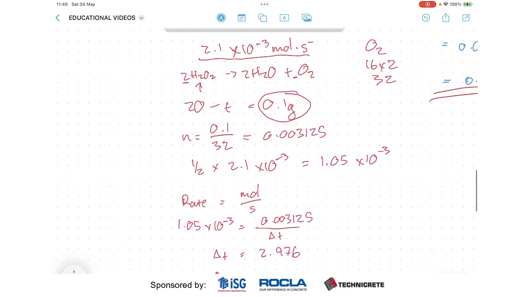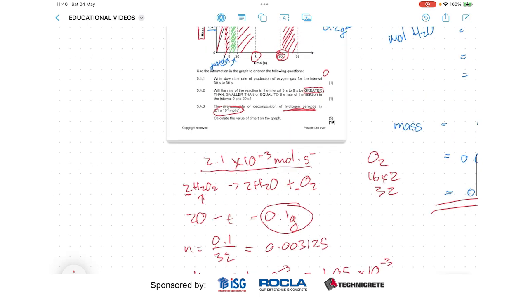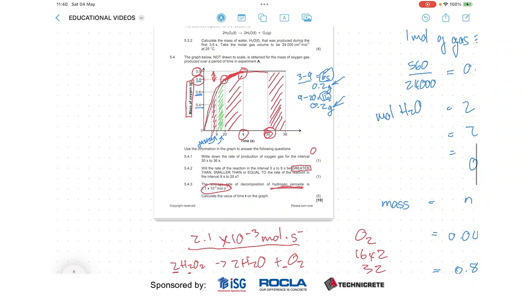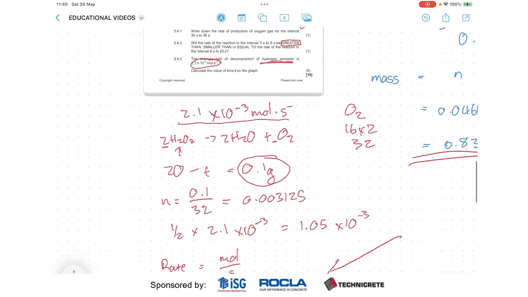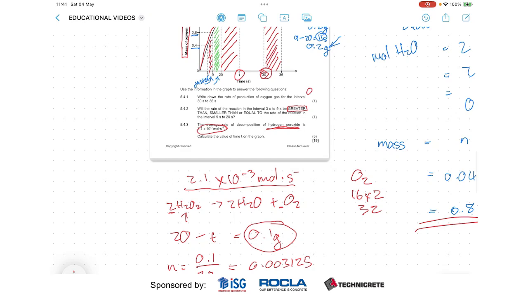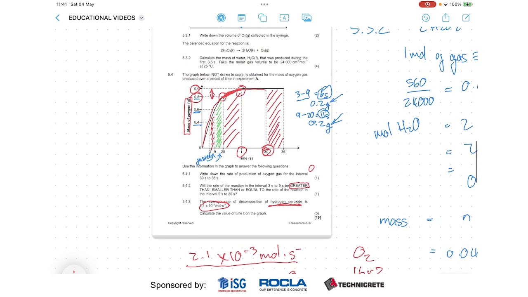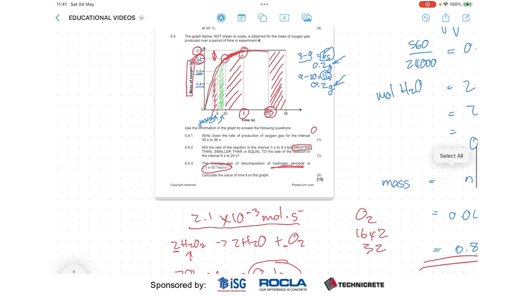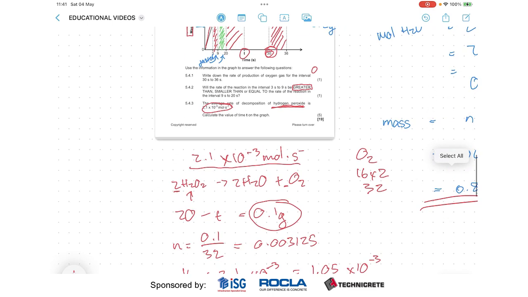You'd still get part marks if you did it this way, but it's not the proper way of doing it. It does highlight that there are quite a couple of different approaches to this question. But we got an answer that's pretty close. This is only an average rate, and that's why it's better to use the numbers 0.8 instead of 0.1, which is what I used. But yeah, with that, that concludes question 5.